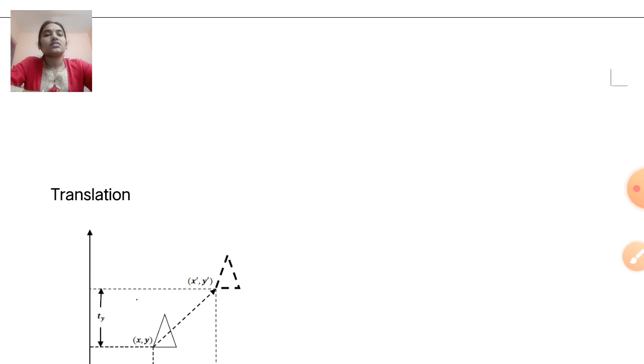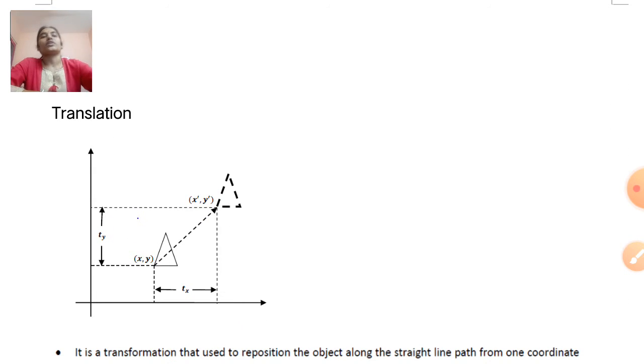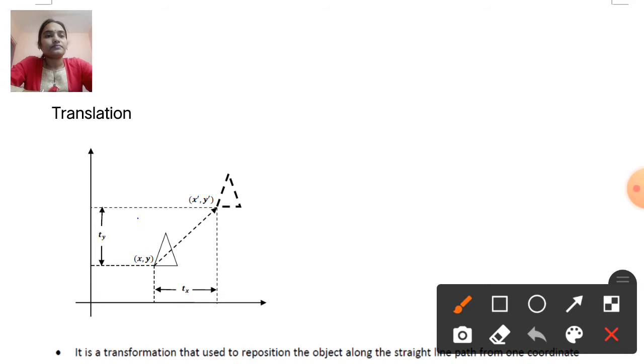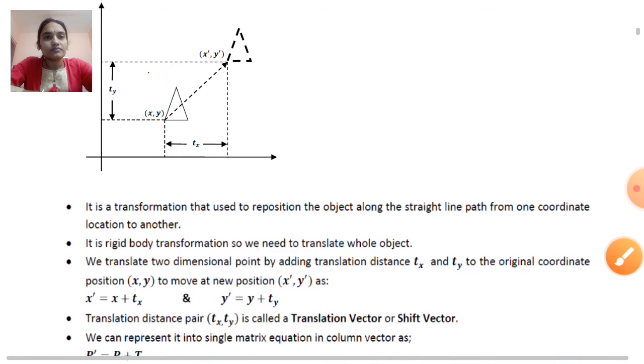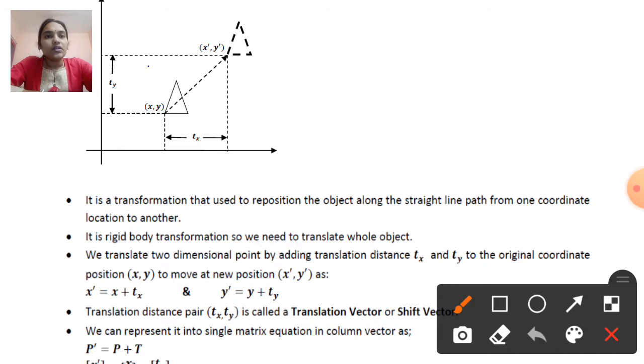Now let us discuss translation. Here in this picture, this one is the main object, a rectangular object.